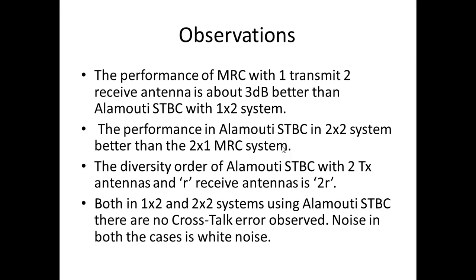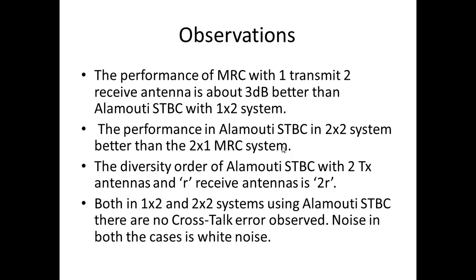Now the observations are the performance of MRC with 1 transmit and 2 receive antennas is about 3 dB better than Alamouti space-time block coding with 1x2 system. The performance of Alamouti space-time block coding in 2x2 system is better than the 2x1 MRC system, as well as the Alamouti STBC with 1x2 system.